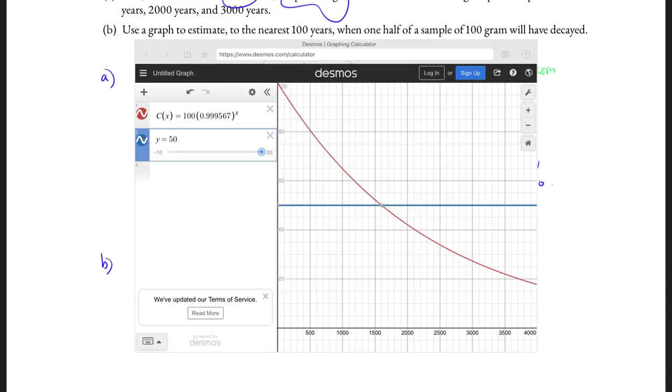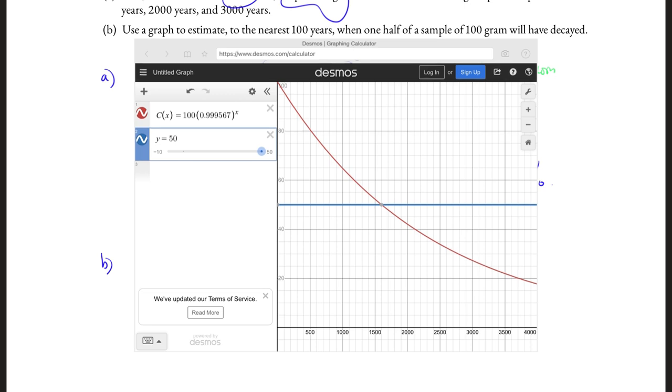It doesn't matter whether we use X or T in the calculator. If we type C of X equals 100 times 0.999567 with X as the input, then X has to be in the power instead of T. The second equation is Y equals 50. We see that the intersection of the two graphs will give us the solution.